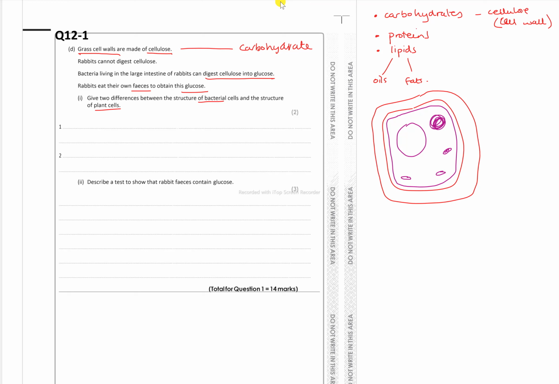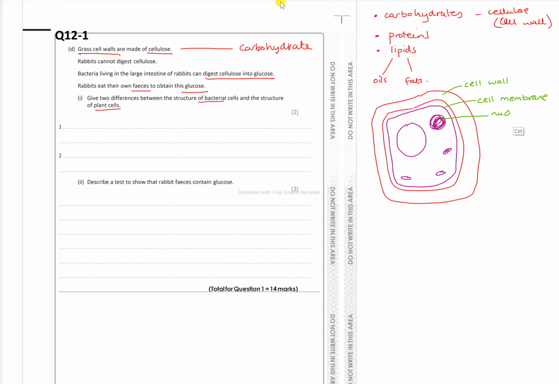Right, so let's label these up. So you've got cell wall. This structure is good to know. Cell surface membrane. So we're going to call it cell membrane. You've got nucleus.